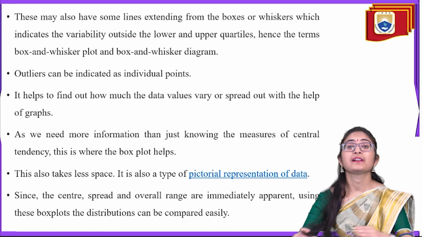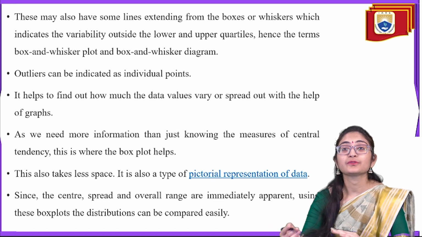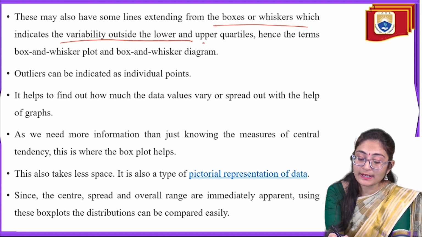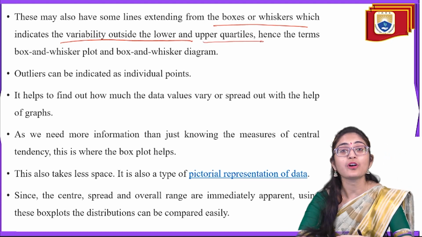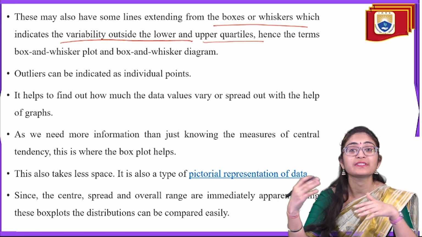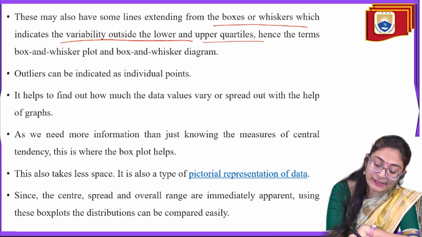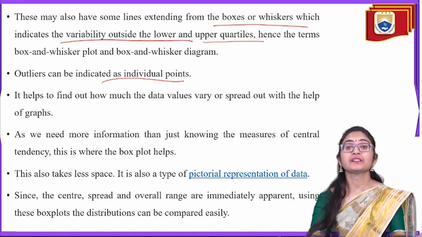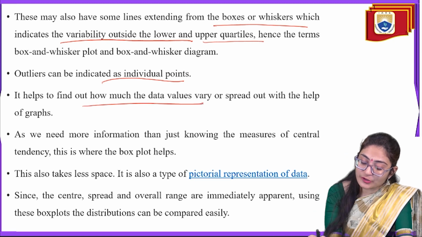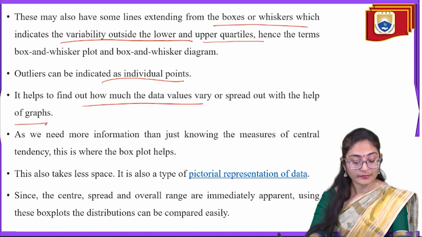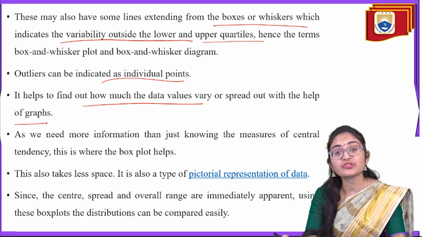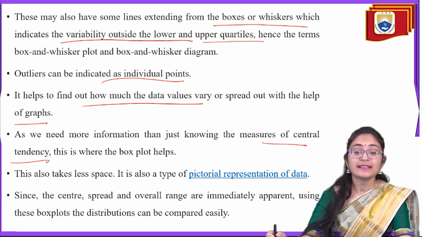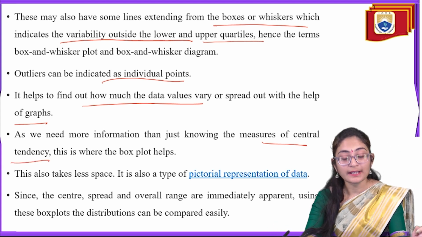These may also have some lines extending from the boxes, or whiskers, which indicate the variability outside the lower and upper quartile. Hence the term box and whisker plot and box and whisker diagram. Outliers can be indicated as individual points. It helps to find out how much the data values vary or spread out with the help of the graph. As we need more information than just knowing the measures of the central tendency, this is where the box plot helps.